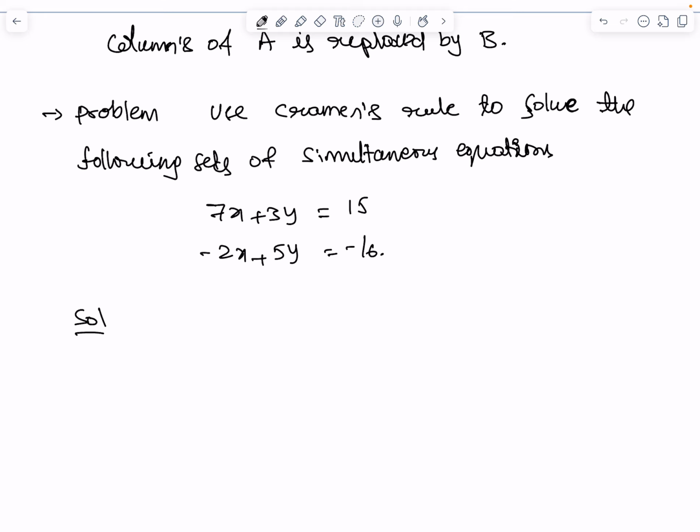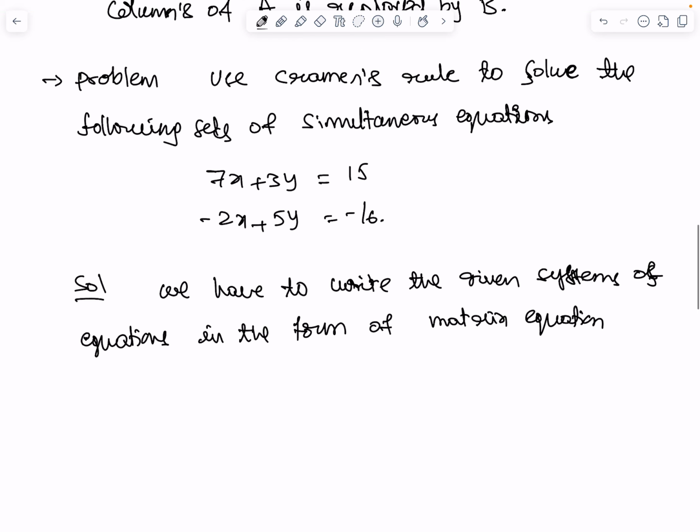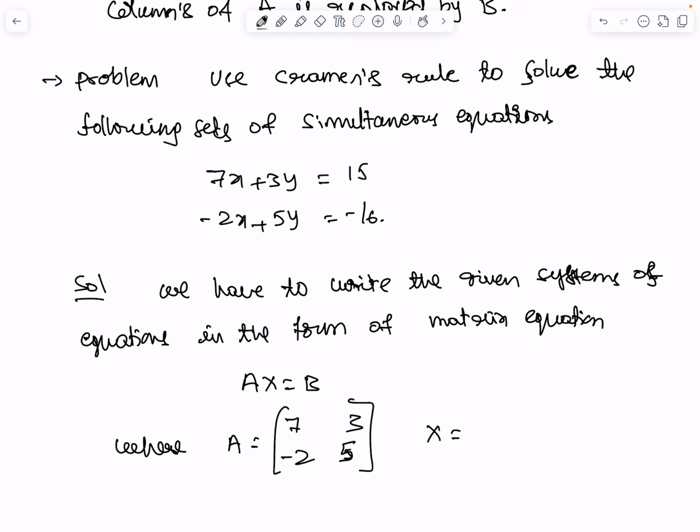Now we have to write the given system of equations in the form of the matrix equation Ax equal to b, where A is equal to 7, 3, minus 2, 5 is the coefficient matrix, and x is equal to x, y is the unknown matrix, since we have to find x and y, and b is the constant matrix or the non-homogeneous term.